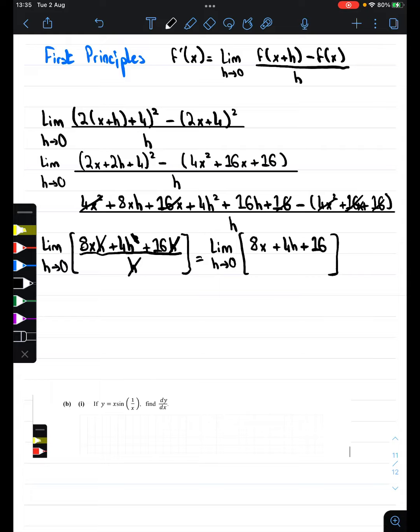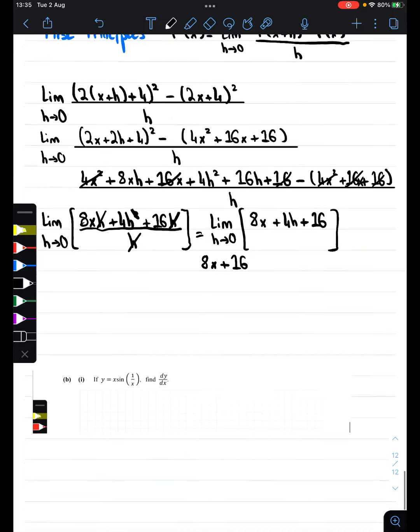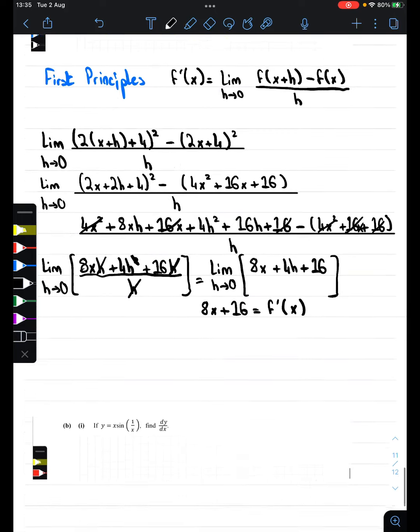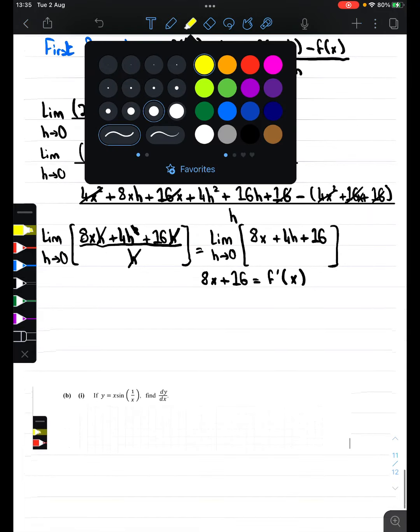And as h goes to 0, 8x will remain 8x, 4h will go to 0, and 16 will remain 16. So it'll just be 8x + 16. And so that's the derivative according to first principles. Okay, and that's just our answer.